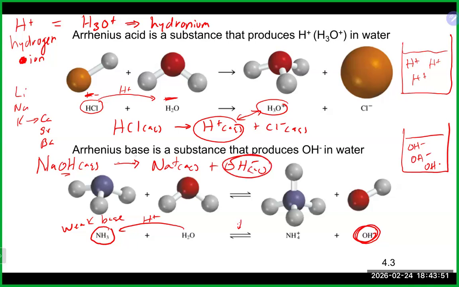And that is why we also see a one-way arrow there, because it's going to completely break apart into hydroxide, as opposed to this guy that's going to mainly stay together and produce a little bit of hydroxide. Again, it's a stronger base because it pretty much has hydroxide on it. Ammonia's got to go find some water, do a little reaction, and produce some hydroxide. So it's not going to produce as much as you would get by just dumping some sodium hydroxide into a beaker.